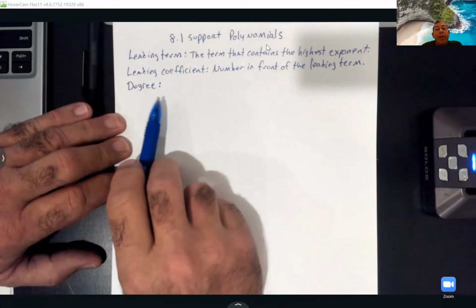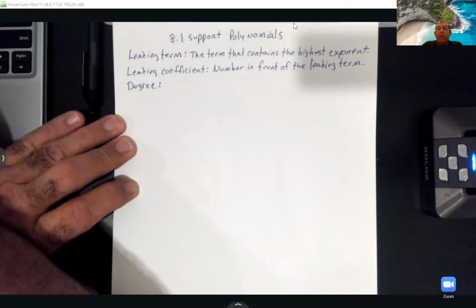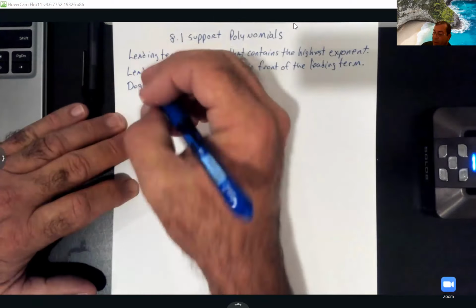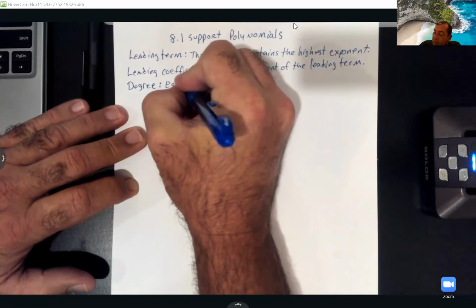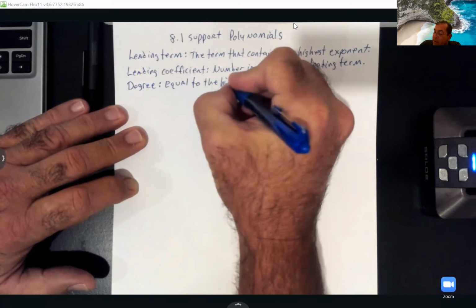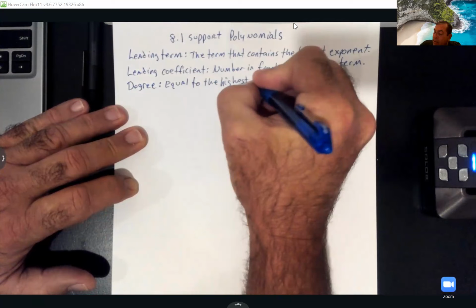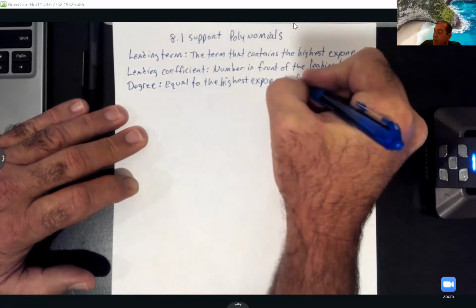So the degree of a polynomial is actually equal to that highest exponent of the polynomial.